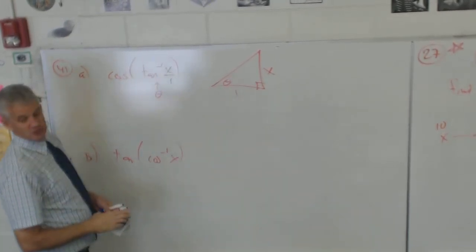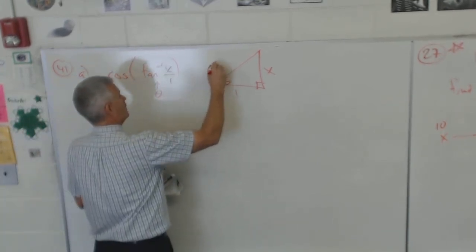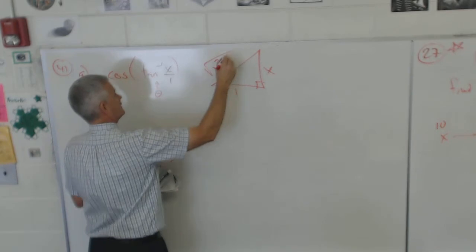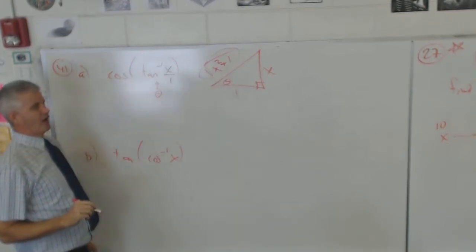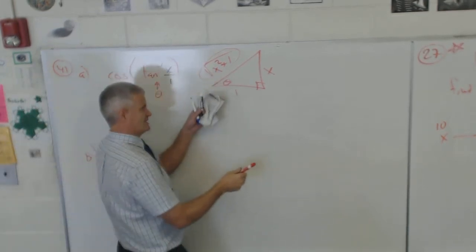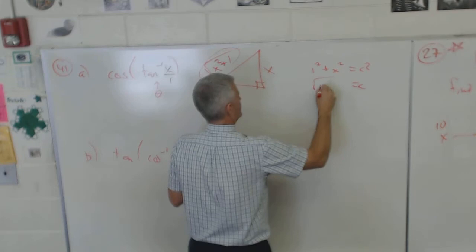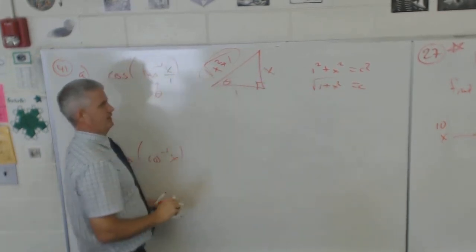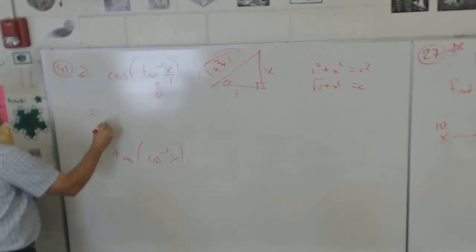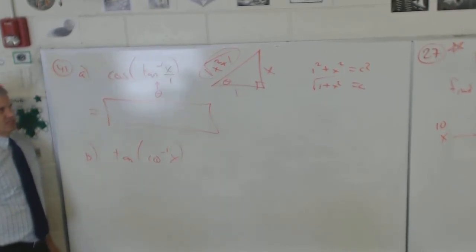Now there's a harder thing to do now. What's the hypotenuse then, Mikey? Square root of x squared plus 1. So you're able to figure out using the Pythagorean theorem, call it c, you have 1 squared plus x squared is c squared, so c is the square root of 1 plus x squared. There it is. Okay? So what's the cosine of the angle whose tangent is x over 1?